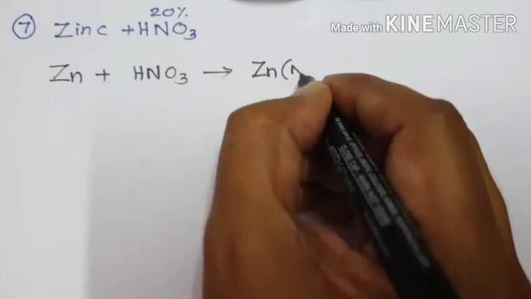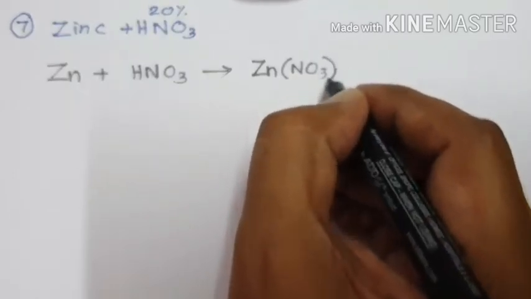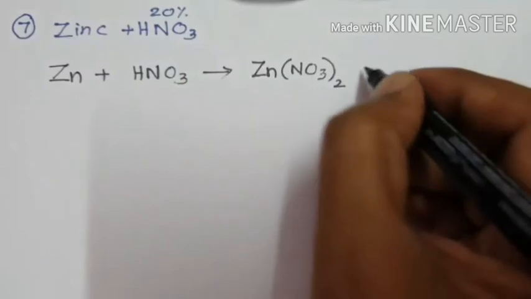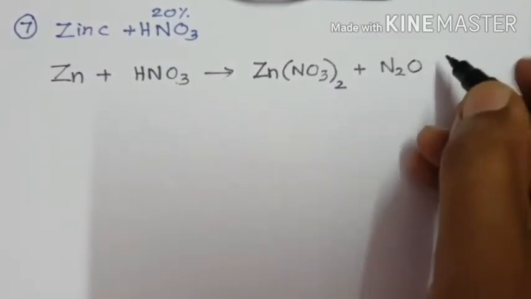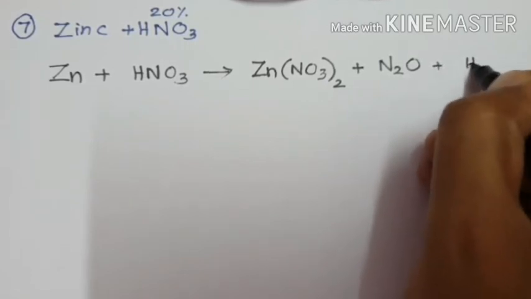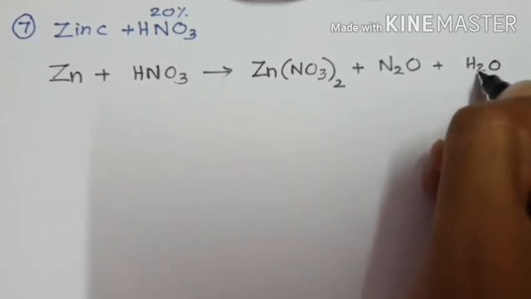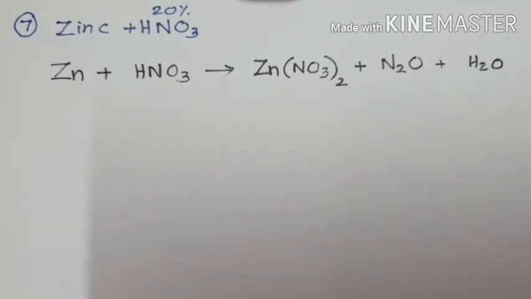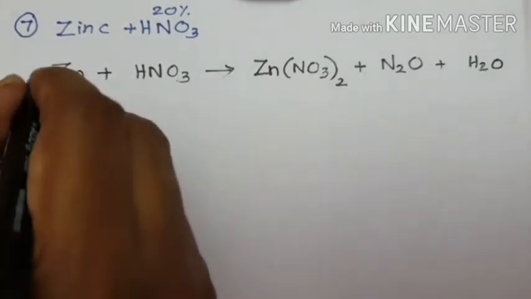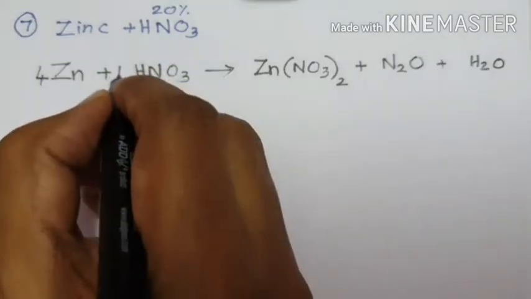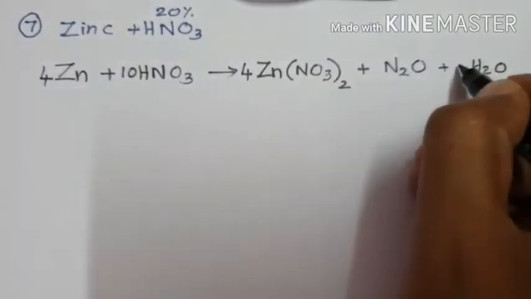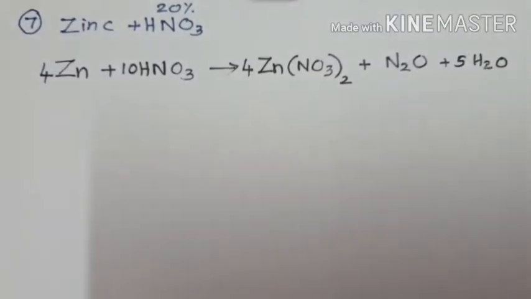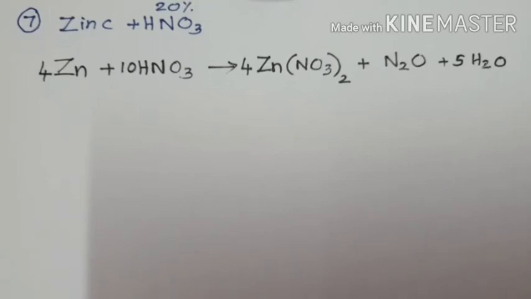Zinc nitrate, Zn(NO3)2, plus liberation of N2O, a neutral oxide, nitrous oxide, plus loss of water molecule H2O. I will explain how this reaction takes place. 4Zn reacts with 10 HNO3 to give 4Zn(NO3)2, N2O and 5H2O.